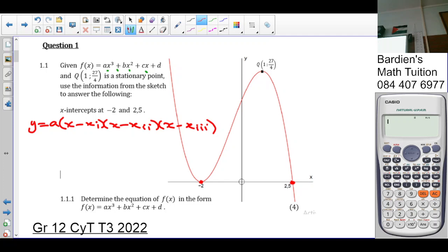Can you see that the graph is bouncing off at minus 2? So it's the 2 in 1 solution at minus 2. And the other one is at 2.5. So you've got a into x minus minus 2, which becomes x plus 2, so it's x plus 2 squared, into x minus 2.5.